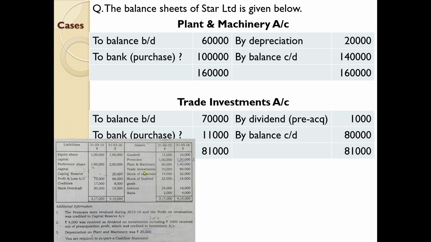That is, this 20,000 was transferred to capital reserve, and we have learned that only a transaction that has one non-current and one current item is considered as a flow of cash or flow of fund.